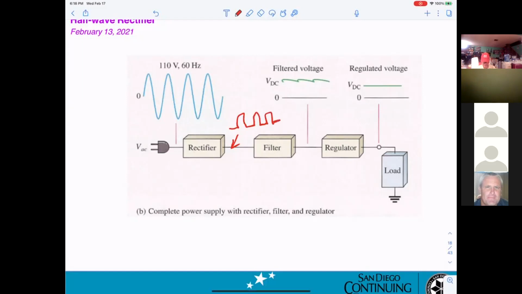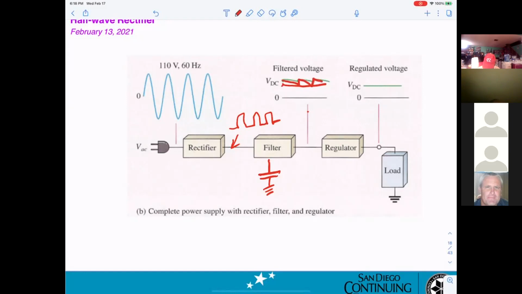Okay? And now you put a filter, that means you put a capacitor. The capacitor will be charging and discharging. So if I'm looking at the output at this point right here, they show you VDC in here. However, on the top, they get this signal here.